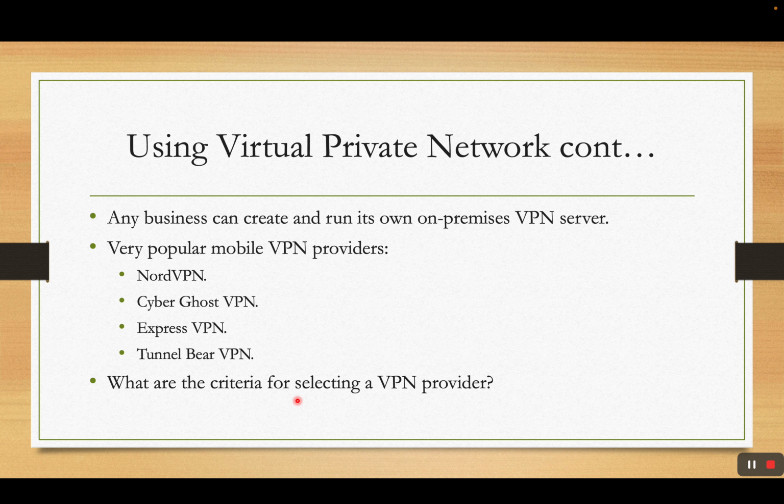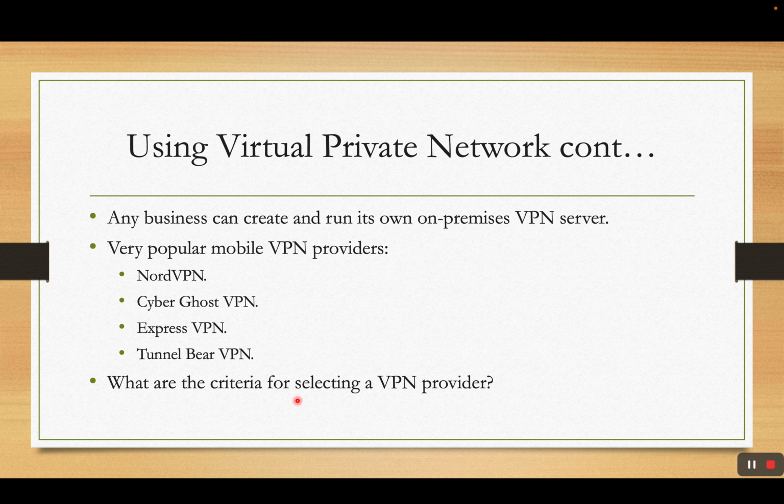Always look for a VPN provider that uses strong encryption like AES 256. Look and read carefully. It should also provide other security features like DNS leak protection and a no-logs policy. This is very important, so make sure to read it very carefully.